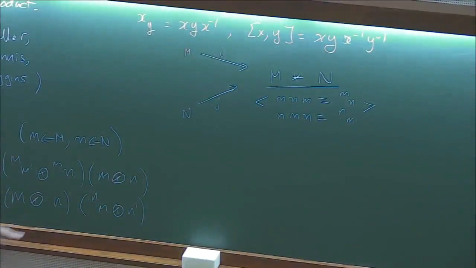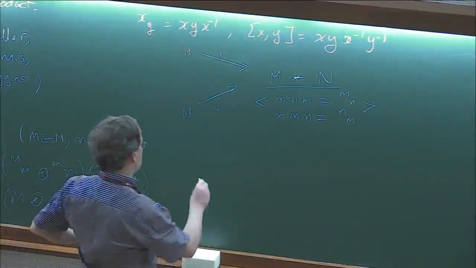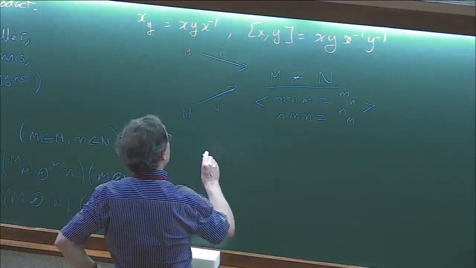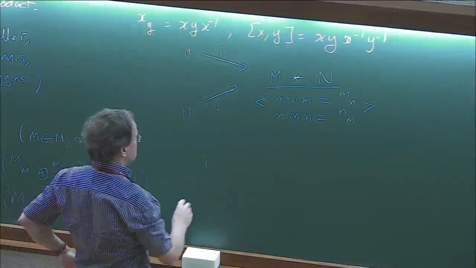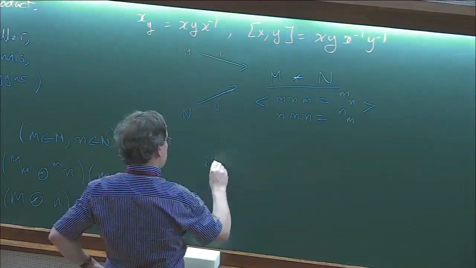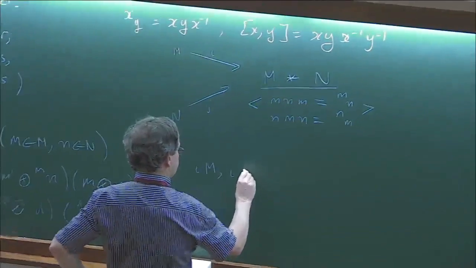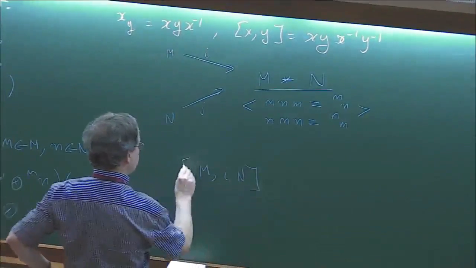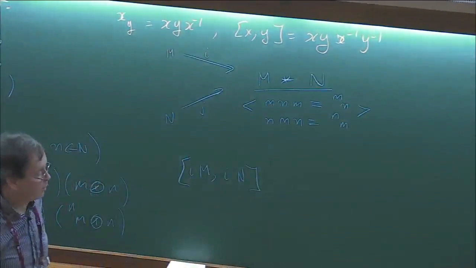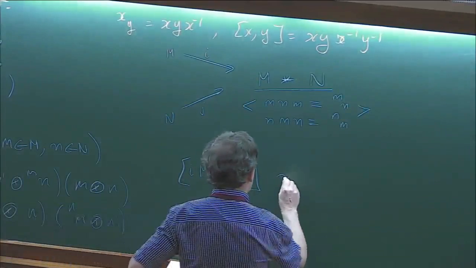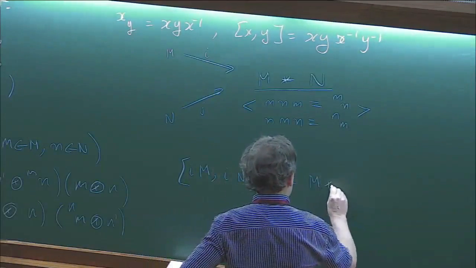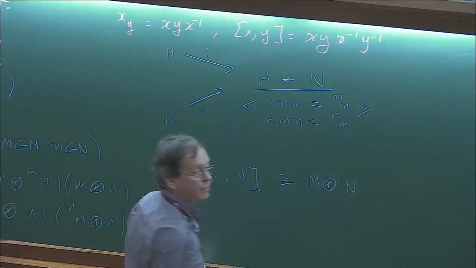and when you look at this construction, it turns out that these are no longer injective, but if you take the image of m and the image of n, and look at the commutator subgroup in this quotient of the free product, what you find is that you get the tensor product.